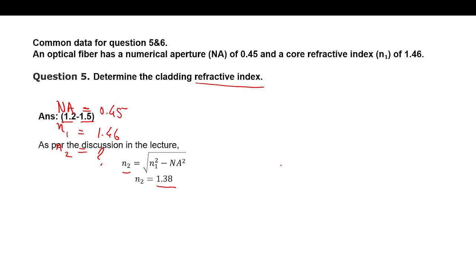You know the numerical aperture equation: NA is equal to the square root of n1 square minus n2 square. So we have n1 and NA, and according to that, we can calculate n2.